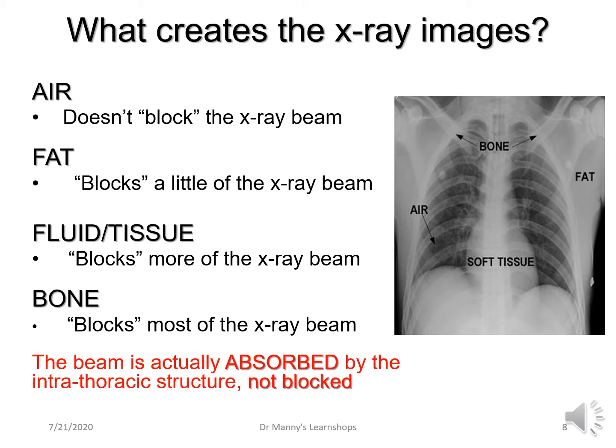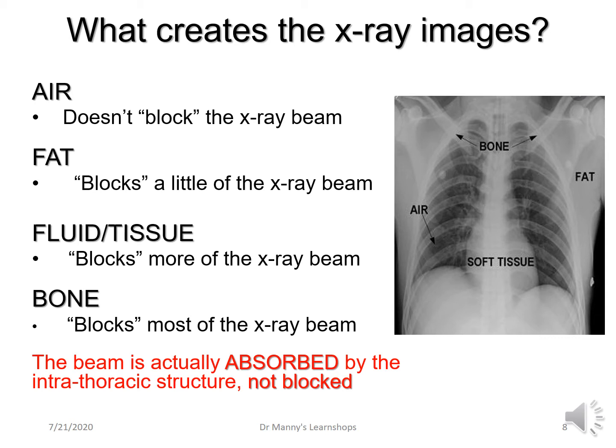That's why it's not a good idea to be exposed to too many x-rays, because x-ray beams are radioactive. They're radioactive wavelengths, and the beam being used for the chest x-ray is actually absorbed by the intrathoracic structures.